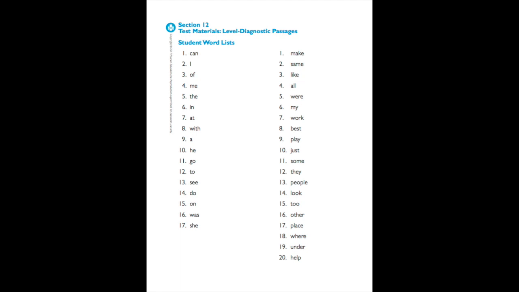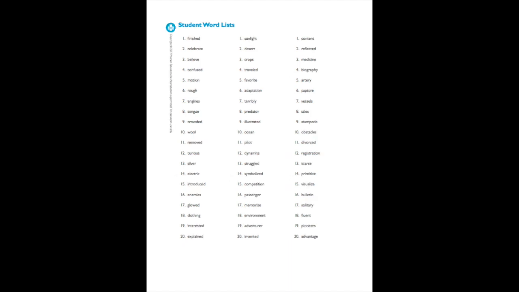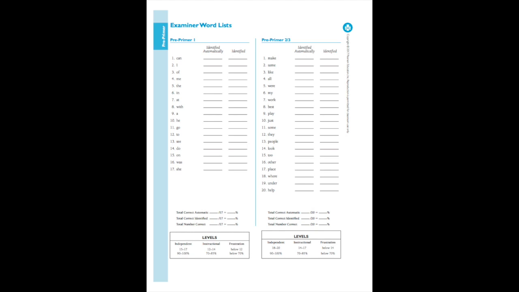These are the word lists you would give to your student. As you can see, it's just the words. There are no lines and no places for marking. As you can see with the examiner copies, there's lines to mark words automatically identified and identified.